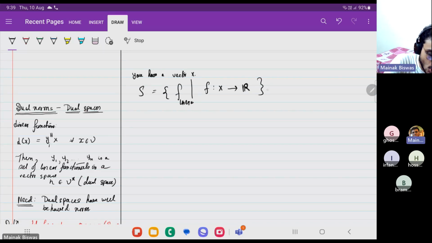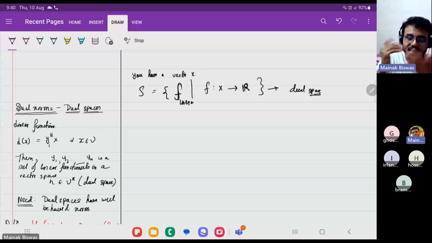This set is called the dual space, right? A set of all linear functionals that map vectors to another space altogether. So it is a set of all functions that will take a vector and give you a real number.